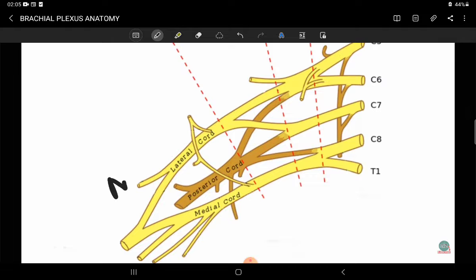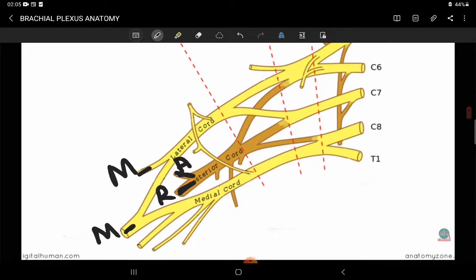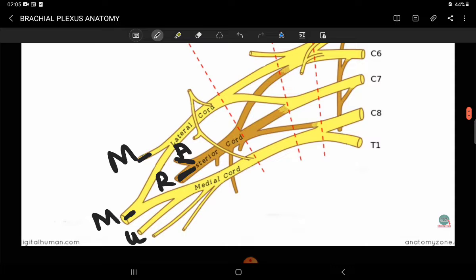This one is the musculocutaneous nerve, and this one is the median nerve, and this one is the axillary nerve, and this is the radial nerve, and this one is the ulnar nerve. These are the 5 main terminal branches.